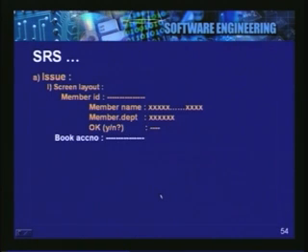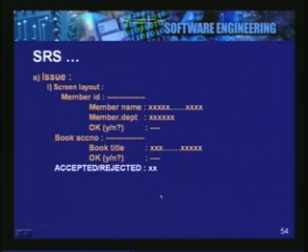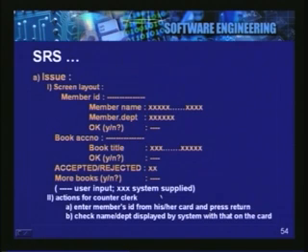Then we will enter the book's accession number, the book's title will automatically appear on the screen, we will verify that, and then the system will indicate whether the request has been accepted or rejected. A rejection may be for various reasons that we had identified earlier. If accepted, more books may also be issued to the same user. So, this is what the logical contents of the interaction would be for the issue transaction.